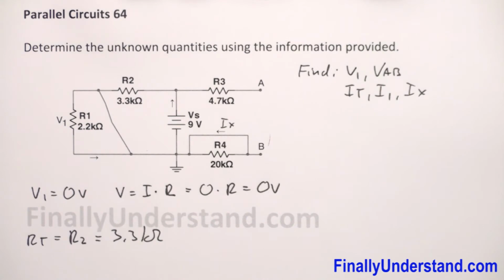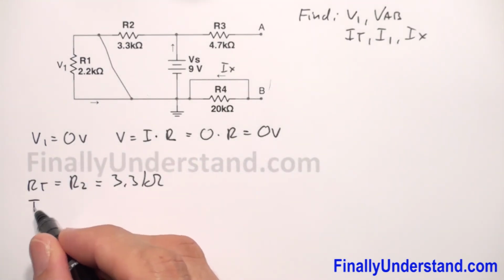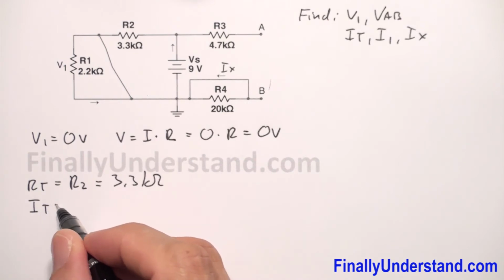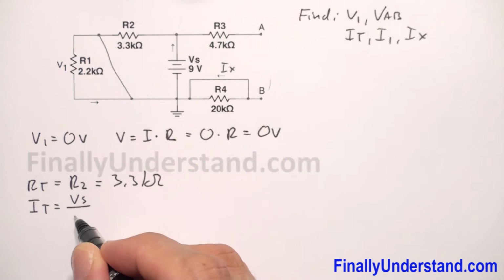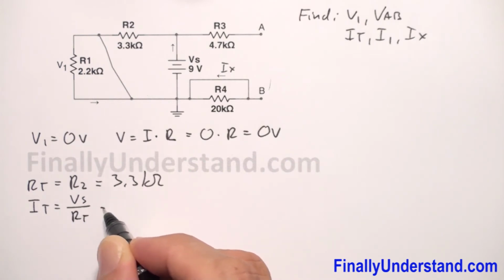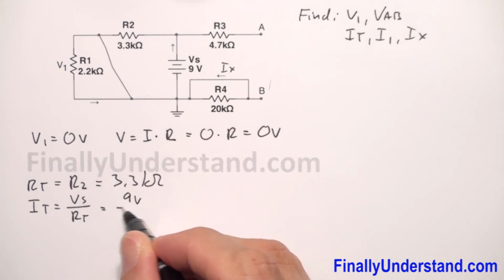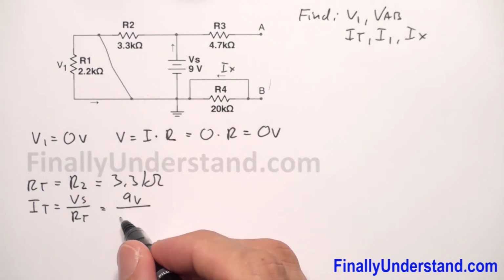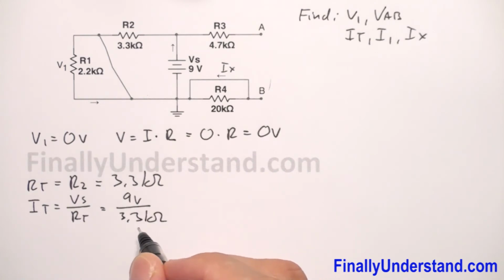So we're supposed to find I total. I total is equal voltage source over R total, where voltage source is equal 9 volts over R total, 3.3 kilo ohms.